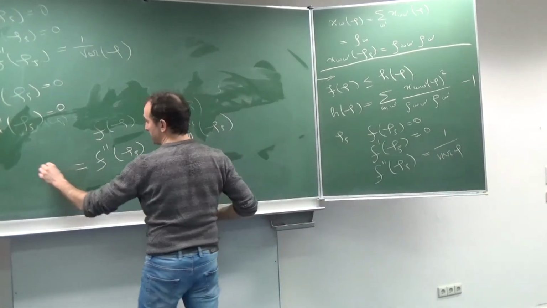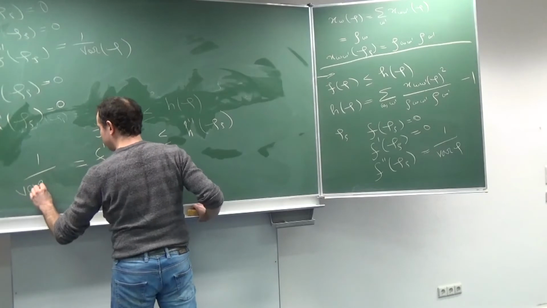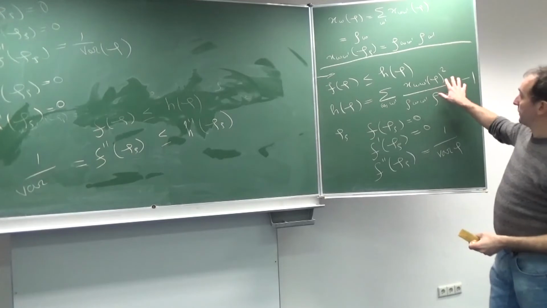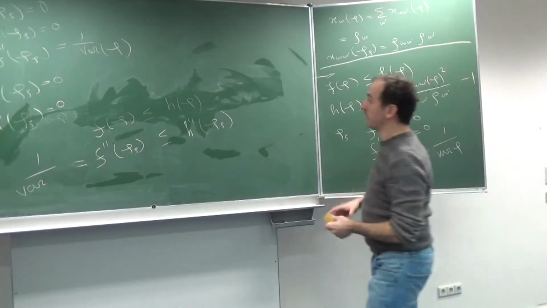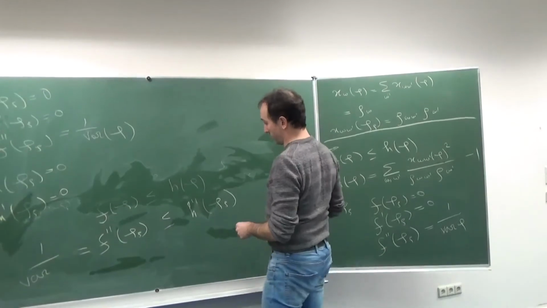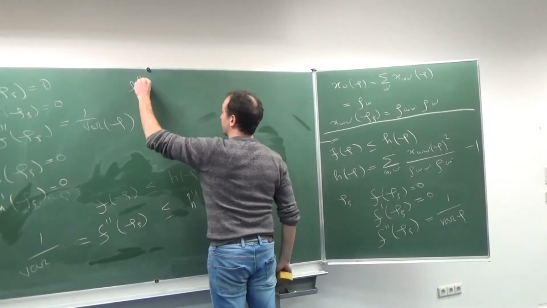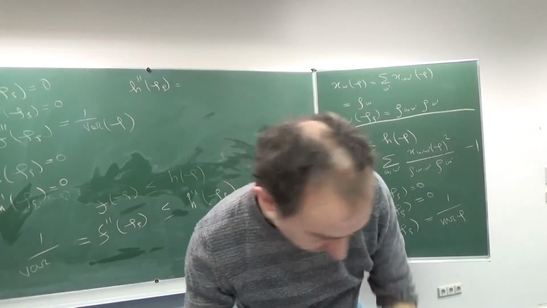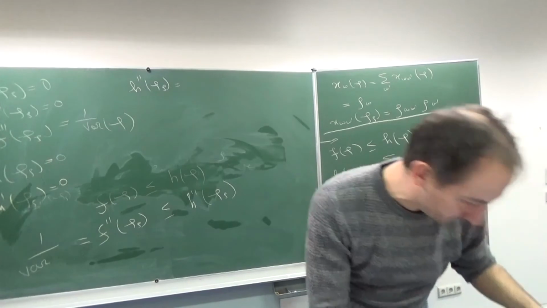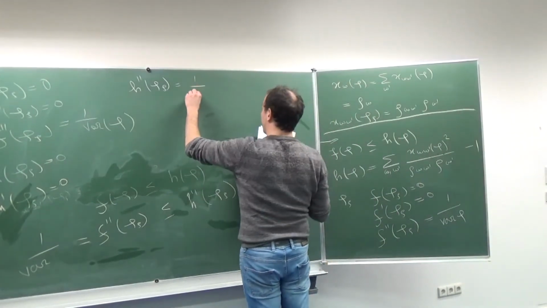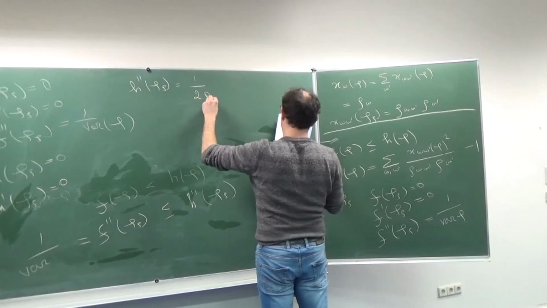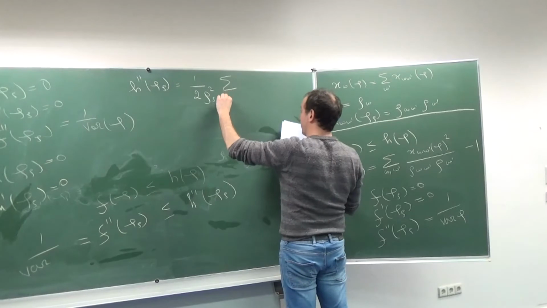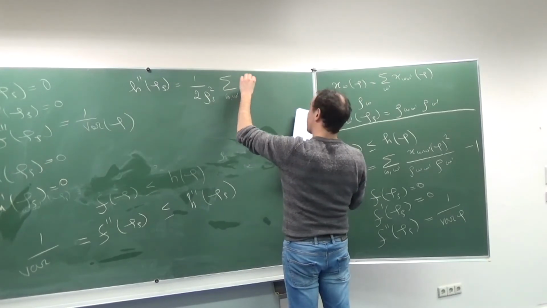But this, we said, is one over the variance. And this guy we can calculate explicitly from this expression. I won't do it explicitly, but what you obtain is that h second of phi rho is equal to 1 over 2 phi rho square, and then sum over omega prime.